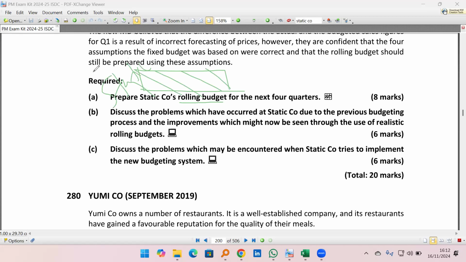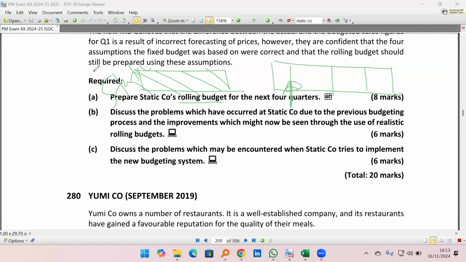Then the rolling budget, on the other hand, you set a budget for 4 periods, which in this case are quarters. And then at the end of this first quarter, you roll forward another quarter. So when you are here, you have all 4 quarters inside.